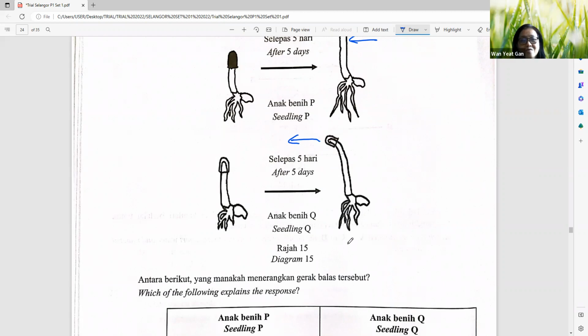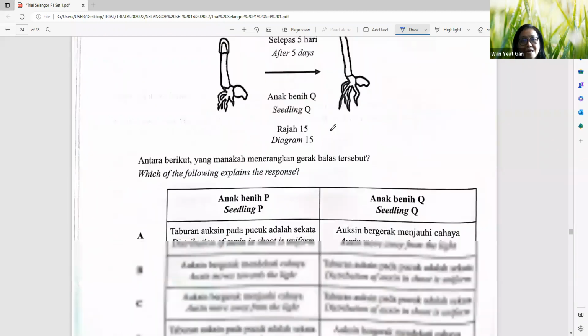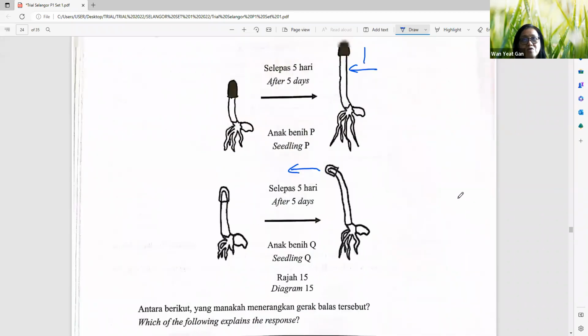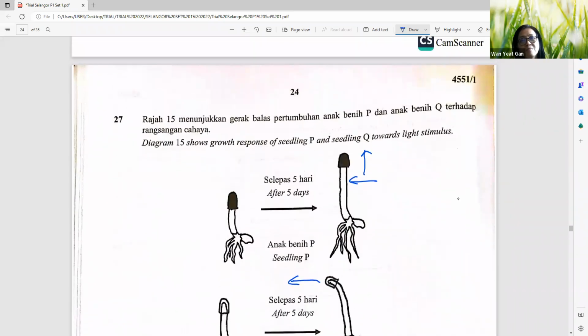Okay, so for seedling P, the distribution of auxin is actually very uniform. Doesn't matter from which direction the sunlight is coming, the auxin still diffuses downward equally, so it grows upward.